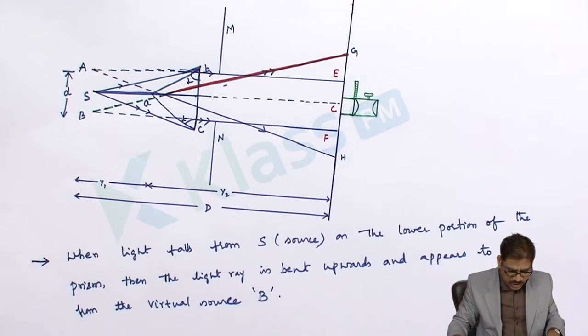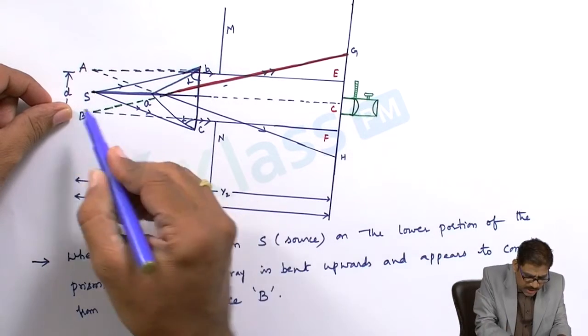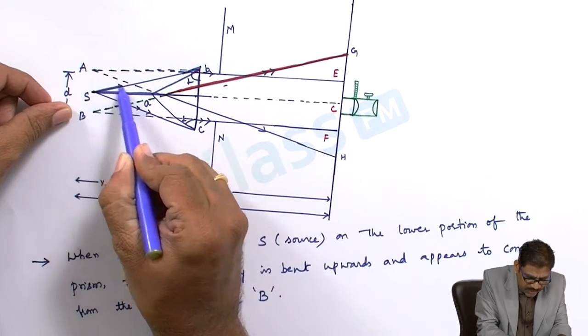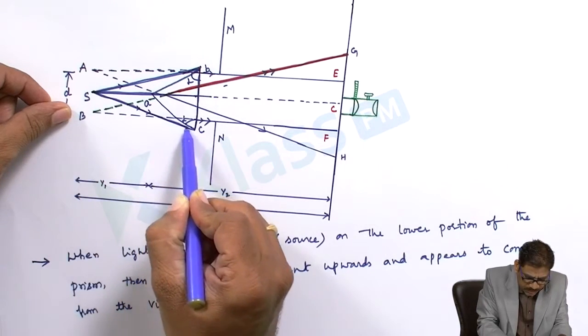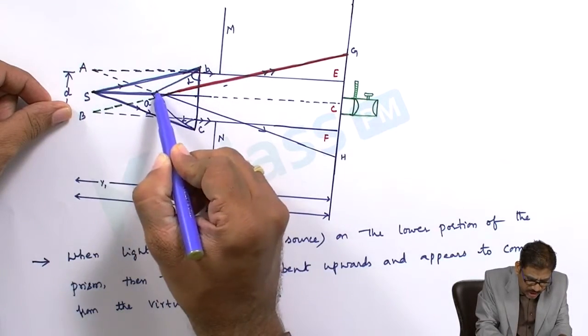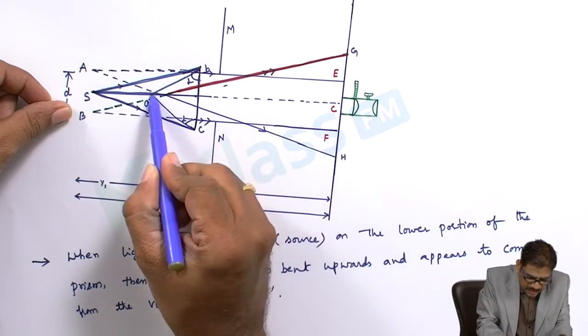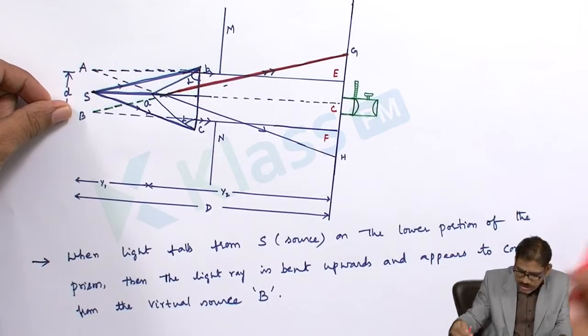Here what is that we are showing? This source of light S is falling on the upper surface of the prism. So this is the upper surface of the prism. When it is falling on the upper portion, it is tending to bend here. So this is how we are indicating this.